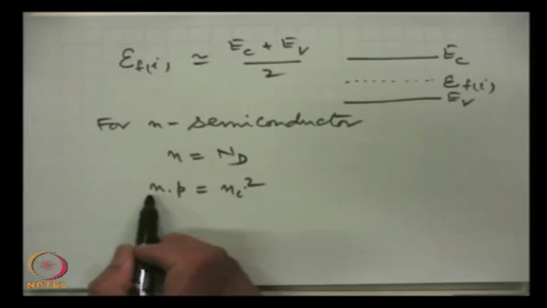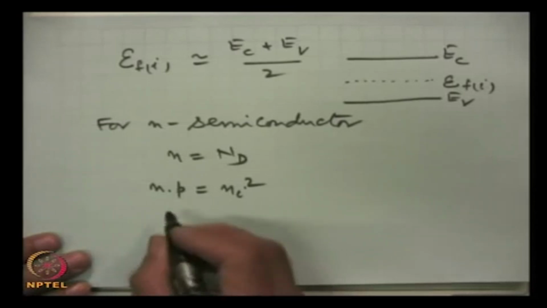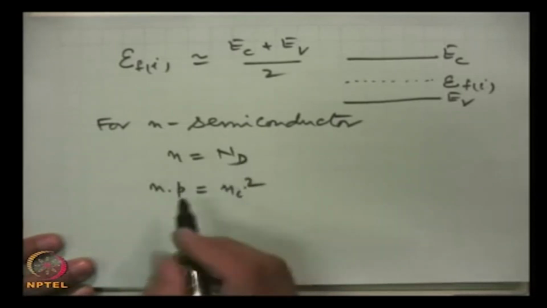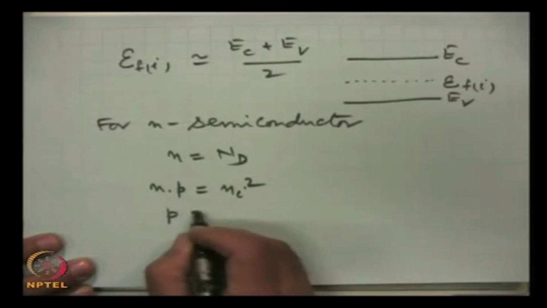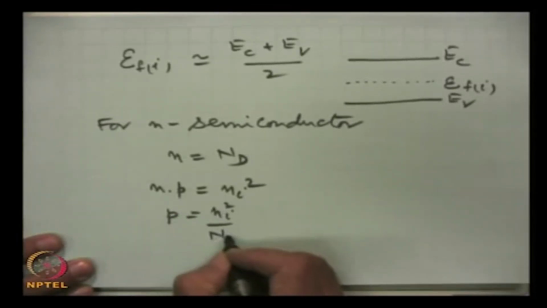So, this is majority concentration, this is minority concentration, and the product of the two is equal to n i square, where n i is the intrinsic carrier concentration. So, from here we can find out how much will be the p. Since n is equal to N d, obviously p is equal to n i square by N d.